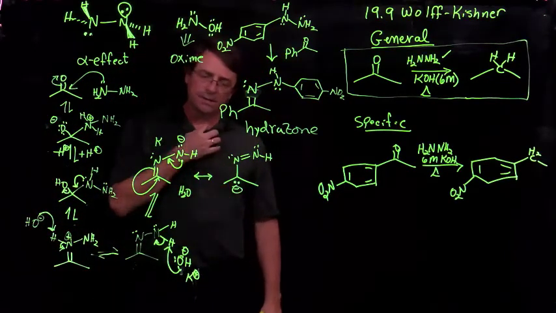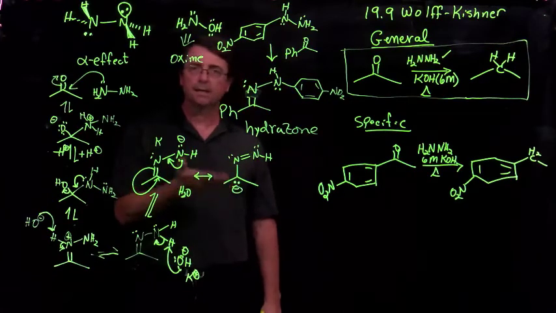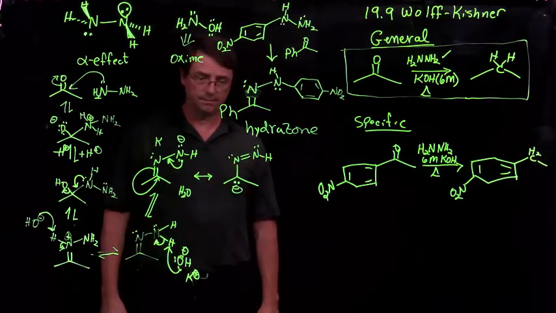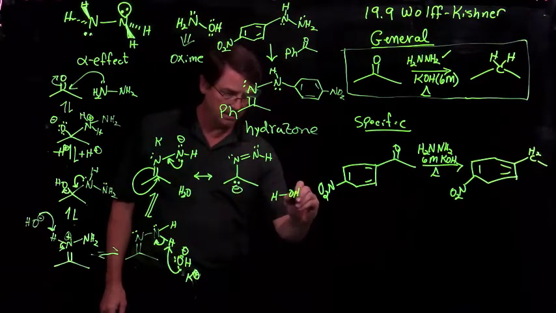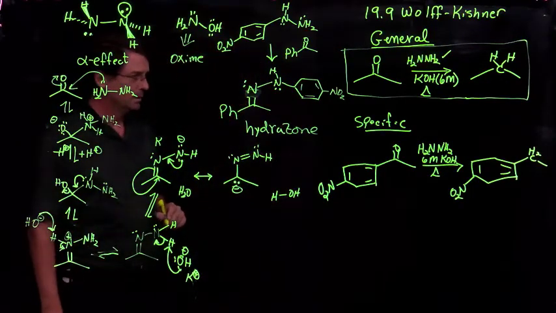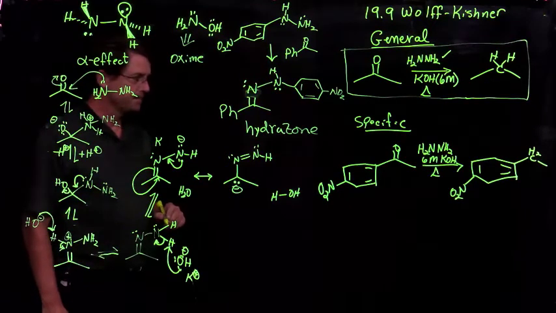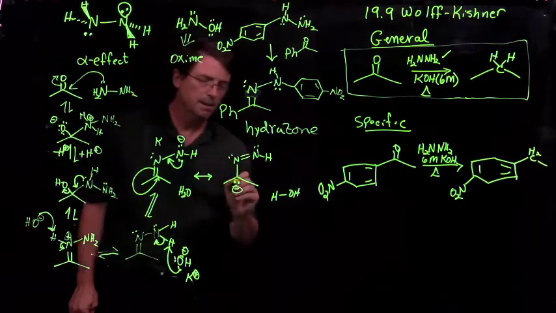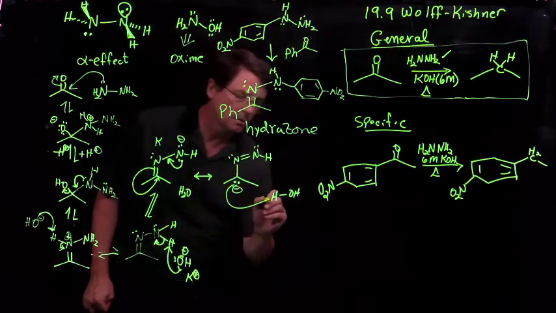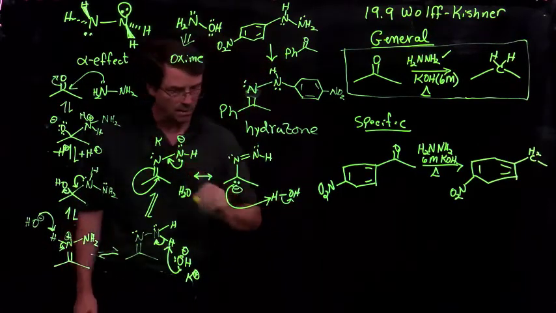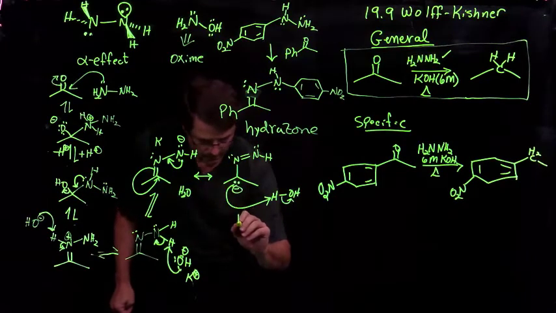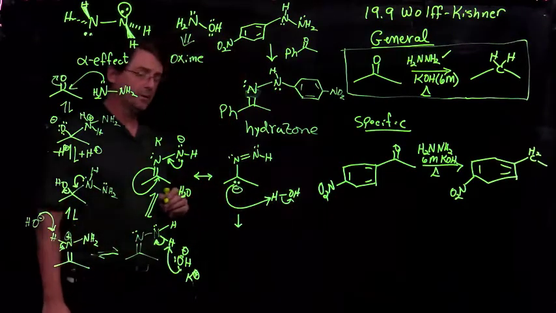If we look at this resonance form, the carbon anion is a strong base, okay? And we're in water. Remember those pKa's for alcohols, a chapter or two back. This will deprotonate water, and this step is irreversible.